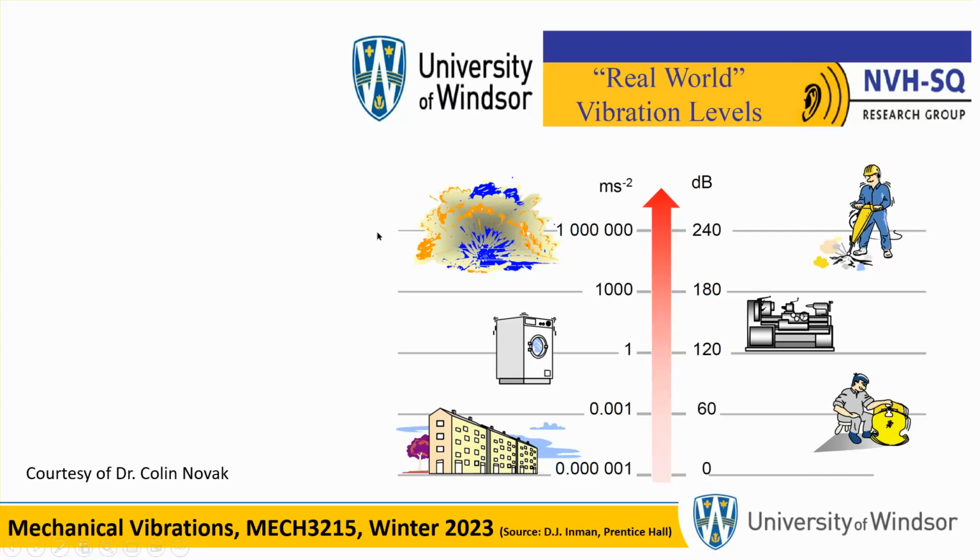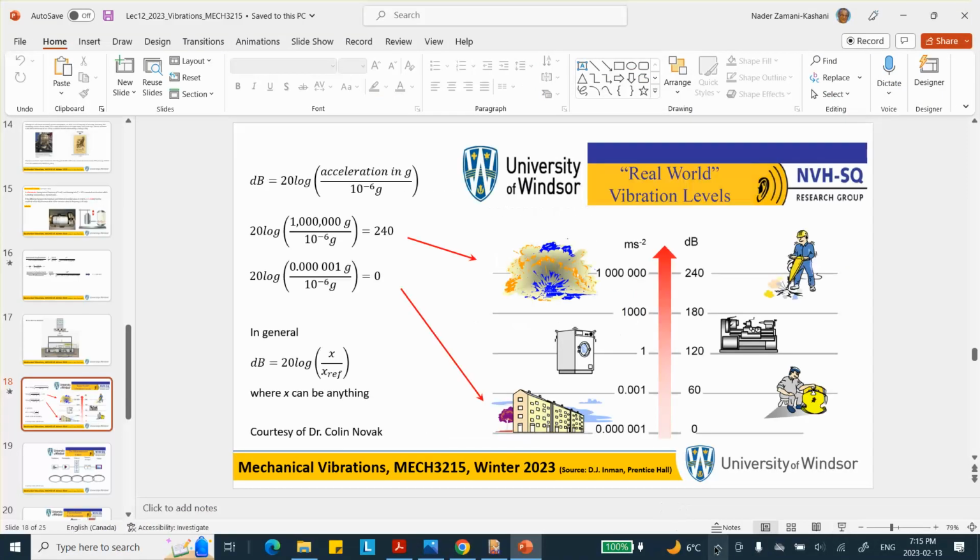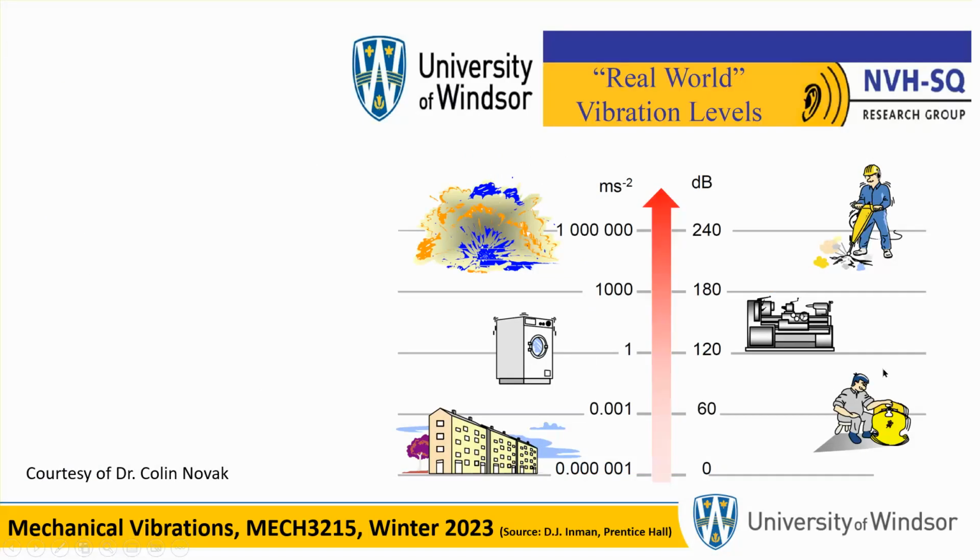So let's move on. There is some information taken from Dr. Novak's classes. These are slides taken from Dr. Novak's course when he offers it, and it shows you some real world vibration levels.